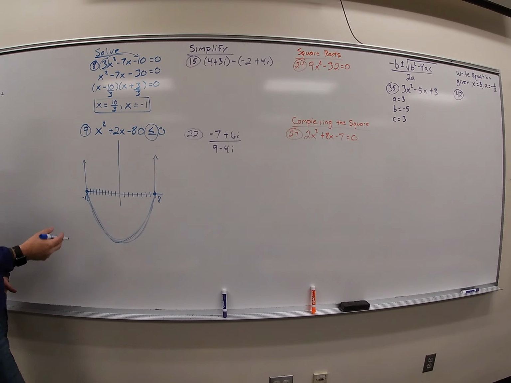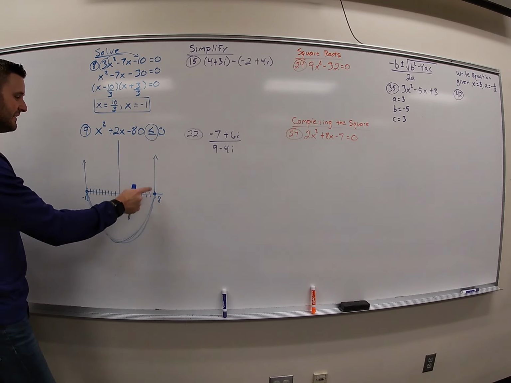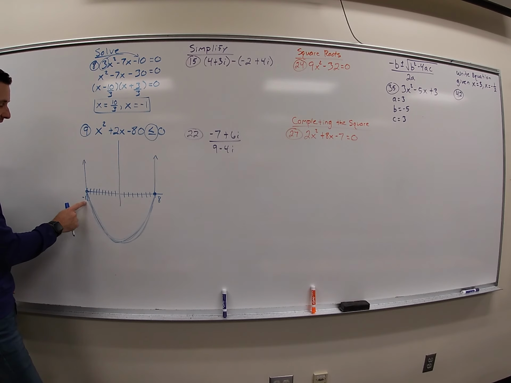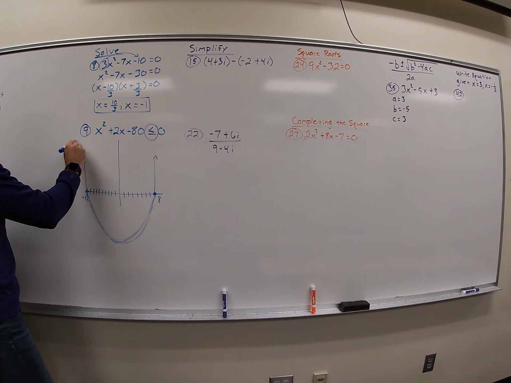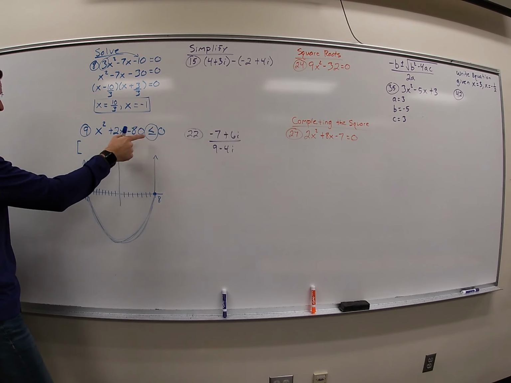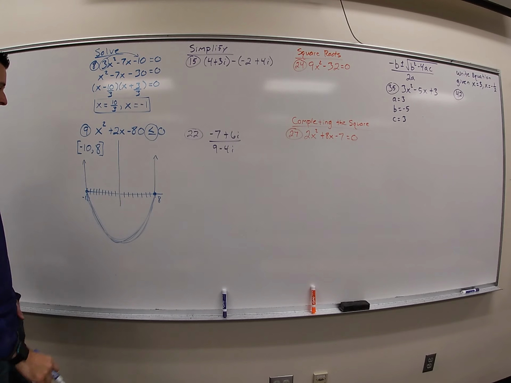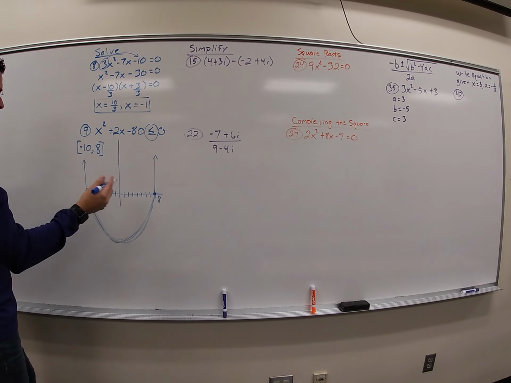And so what we would do is we could write this in interval notation and say, hey, it's going to be underneath this x-axis everywhere from negative 10 all the way to positive 8. And so how we would write that would be a bracket, because it can equal negative 10, and then all the way to positive 8 with, again, another bracket, because it can equal that. If you wanted to write it as an inequality, you could. You don't have to.